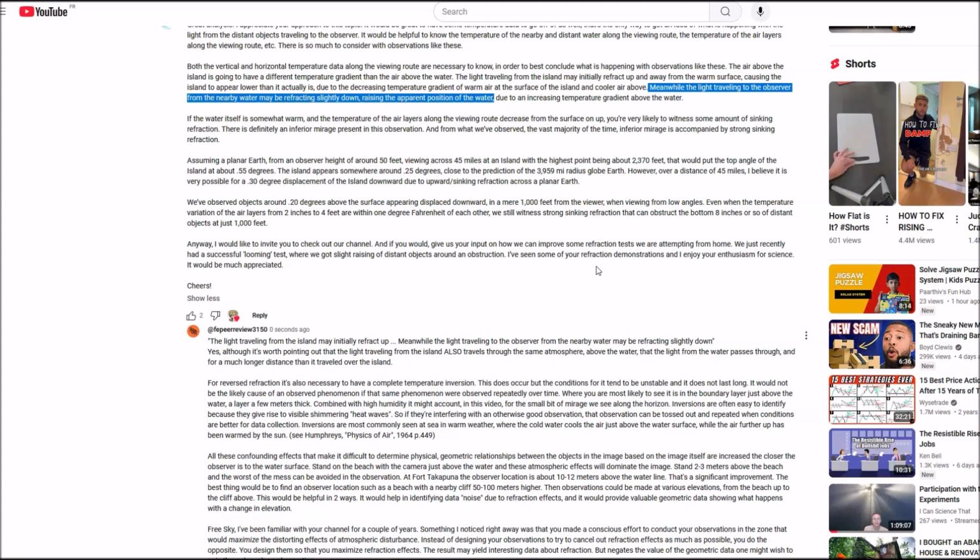Given that the island is far enough away, or that the ship is far enough away, or that the lighthouse is far enough away, we will see that the lower portion is concealed, and in a clear geometric relationship between the observer's location in terms of distance and elevation to the water and the observed object. We see that consistently, and they're trying to make as if it's a refraction effect.